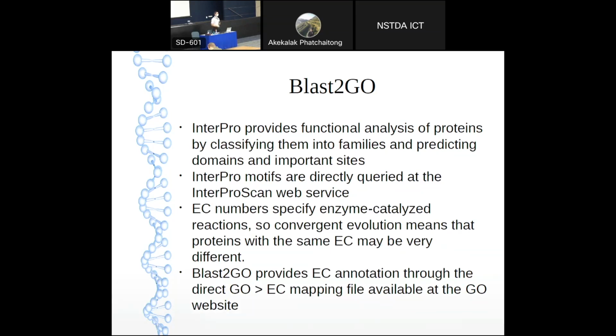So the EC number is actually for the reaction that the protein is involved with, not the actual protein itself. And so because of this, convergent evolution means that proteins that are actually quite different can end up with the same EC number. So BLAST2GO has an EC annotation file which is mapped to the proteins that you input.